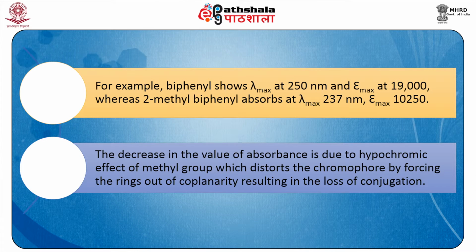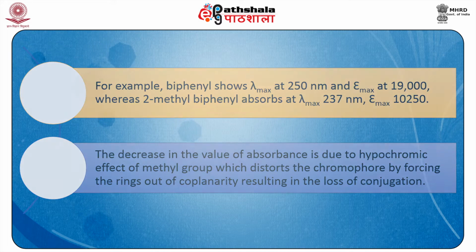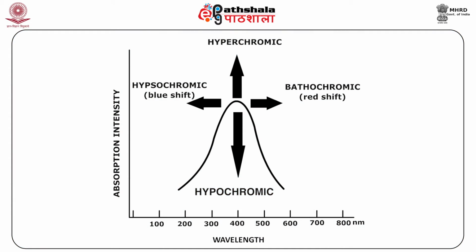The decrease in the value of absorbance is due to hypochromic effect of the methyl group, which distorts the chromophore by forcing the rings out of coplanarity, resulting in the loss of conjugation and hence a decrease in lambda max. This is clearly shown in the figure, as you can see.